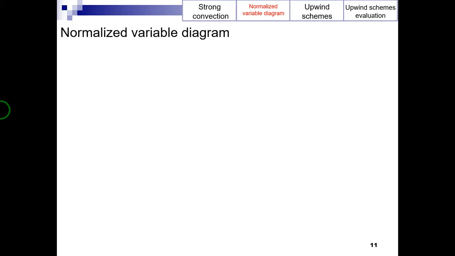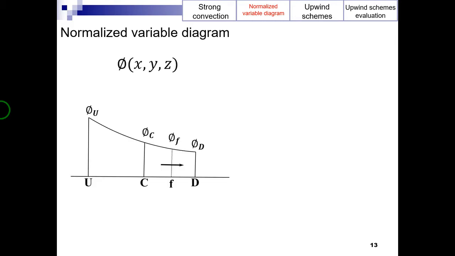To explain further, consider the variation of a convected scalar variable phi, as shown here, which is a function of x, y, and z, along a direction normal to a control volume phase f, as shown in this figure. Here D stands for downstream, C stands for central, and U for upstream.